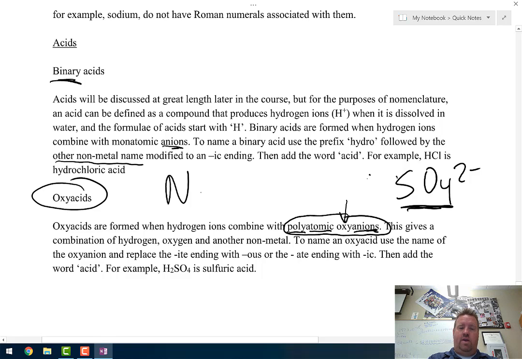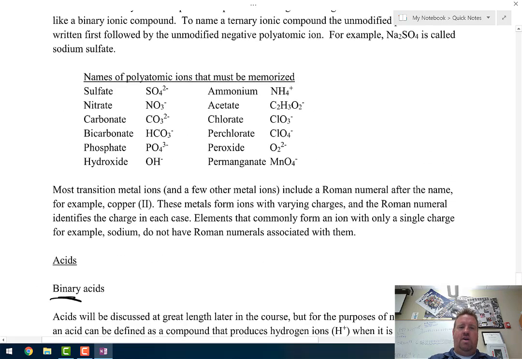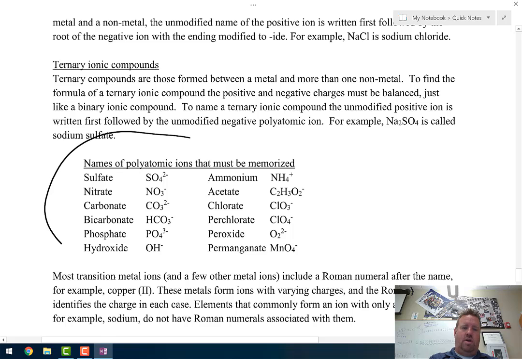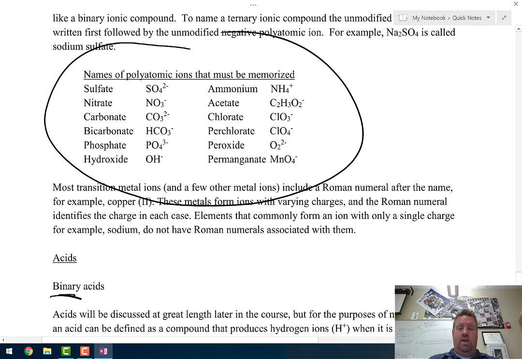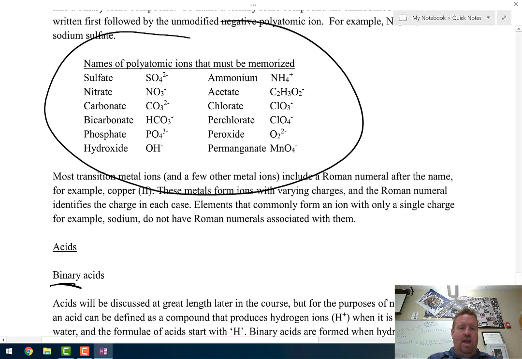Nitrate is another one, NO3-. And I think if we come back up here, here we go, right here. Those are the polyatomic ions that you might and certainly could see on the AP exam. Notice that all the negatively charged ones all have an oxygen in them.